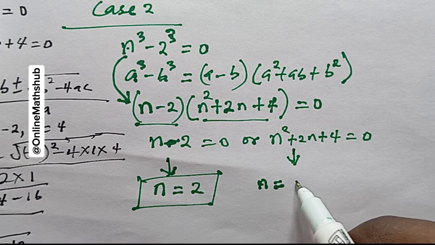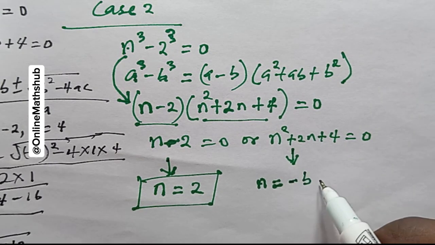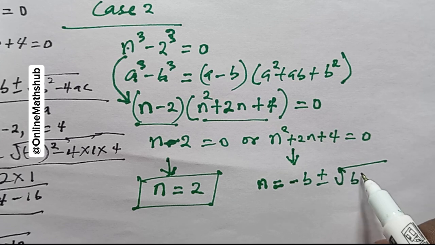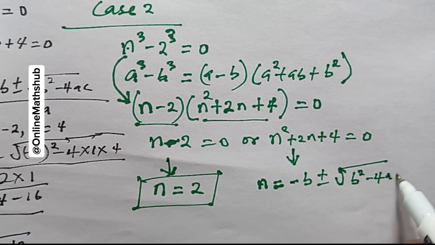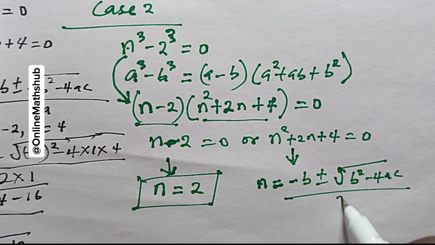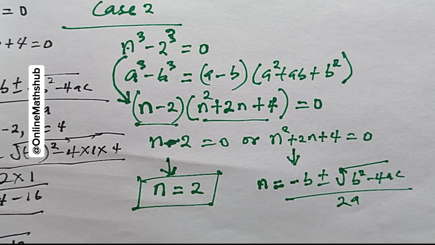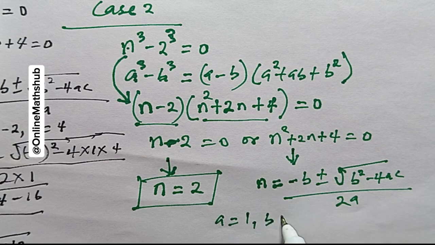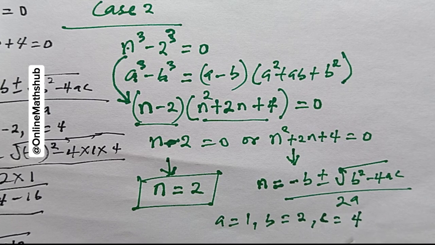Where n will be equal to minus b plus or minus root b squared minus 4ac, all divided by 2 times a. In this case our a, which is the coefficient of n squared, is equal to 1, b, which is the coefficient of n, is equal to 2, and c, which is the constant, is equal to 4.